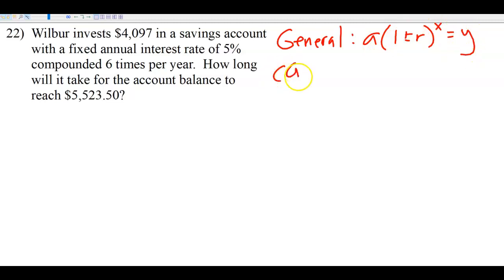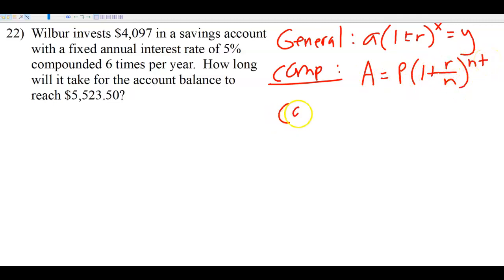You have the compound problems, which look like this. And then you have the continuously compounded ones, which look like this.